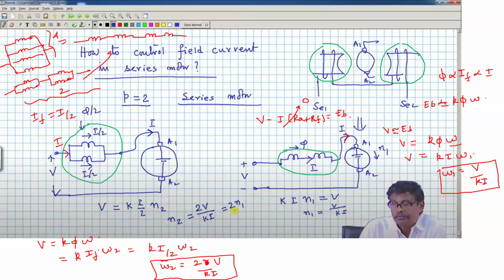Now, if suppose you connect a diverter resistance, like suppose here you are having the field winding, and then you have connected a diverter resistance here.